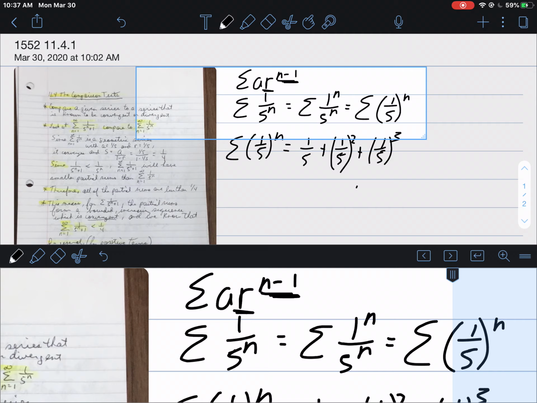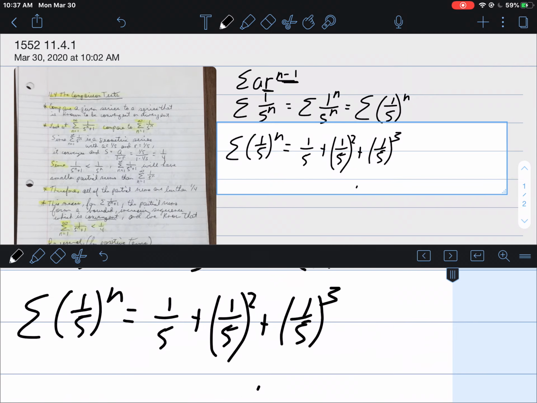And so each term of the series is the previous term multiplied by whatever that r value is, that constant, right? And so in this particular series, r is 1/5, but also notice a is 1/5. Remember, a is the first term of the series. And so when n equals 1, I get 1/5. There's my a. That's our first term.